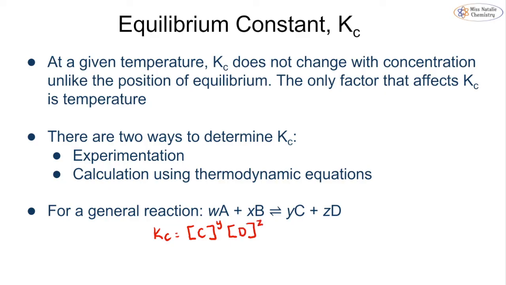So in this case, the concentration of C to the power y times D to the power z over the concentration of A to the power w multiplied by the concentration of B to the power x. That is how we calculate Kc, and it will always depend on, of course, what reactants and products you have in your specific reaction. This is just in general how we write out the expression.